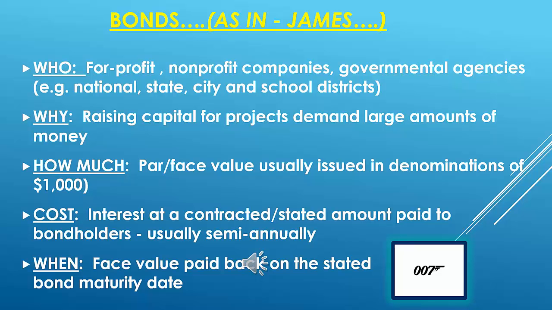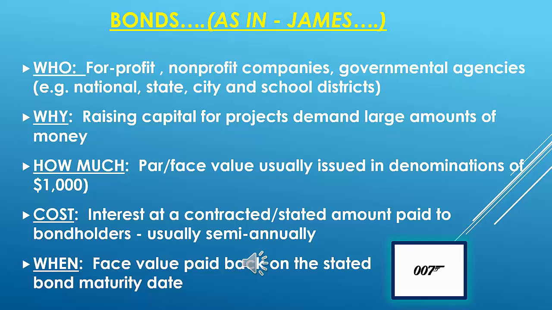So the bond is literally, you can kind of envision this like a piece of paper. It's like a certificate, and they're usually in $1,000 increments, and they can issue as much as they can, and people of all walks of life, depending on how they want to structure their own internal investments, will purchase these. So there's usually a stated amount of interest that is paid to a bondholder. Again, you wouldn't loan money to somebody without something coming back to you.